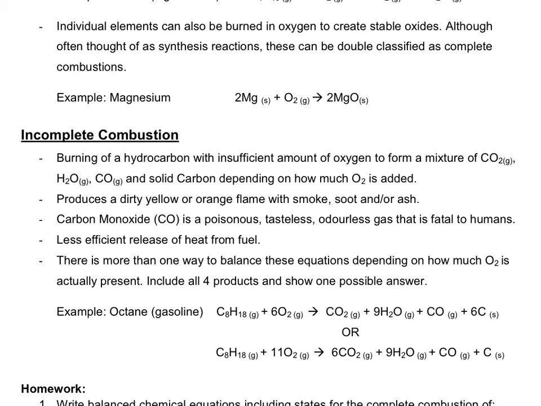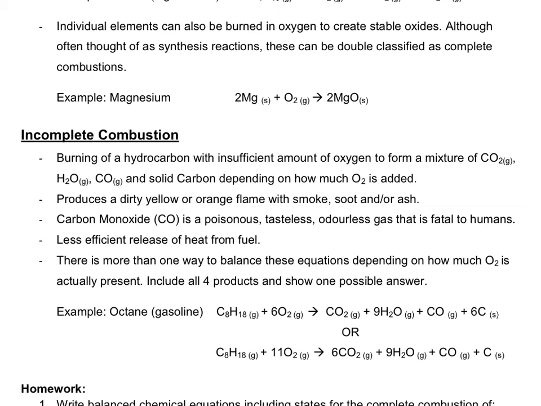Now, as human beings, we're constantly trying to avoid incomplete combustion reactions and engineering things to make sure that every time we burn something, it's as complete as we can get it. Now, this is for a number of reasons. The first being that incomplete combustions are dangerous.